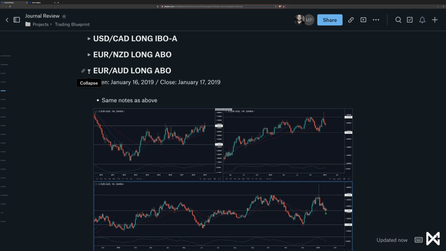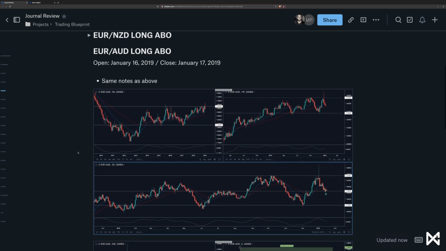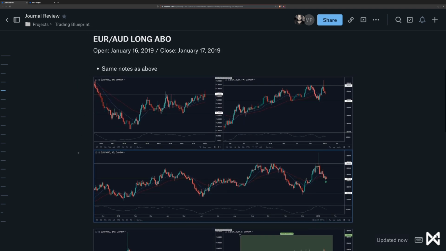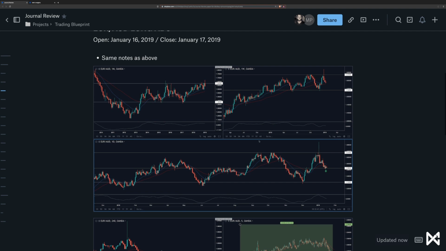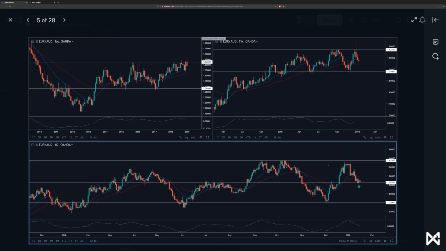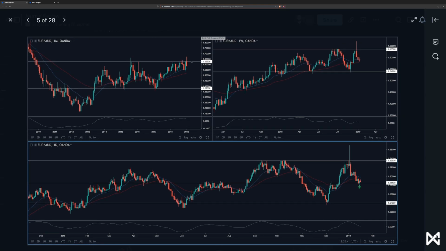Euro Aussie, another ABO. So same notes as above, right? We're looking to go long here on a daily time frame, but check out the monthly chart. Very, very bearish, rejecting all-time highs, big bearish engulfing, kind of a big bearish high test. Weekly chart, double top, big bearish high test, and it's starting to accelerate.